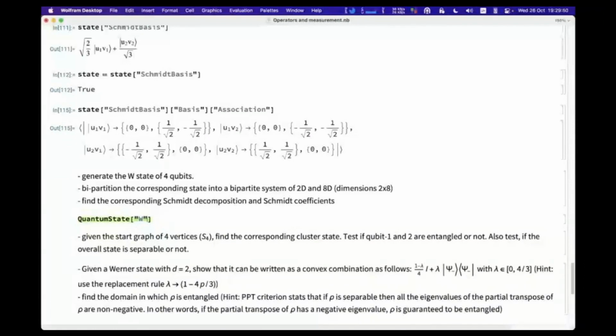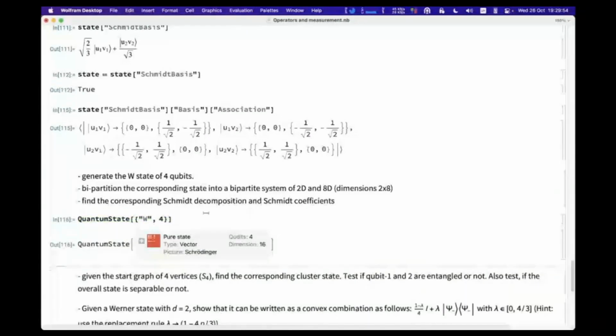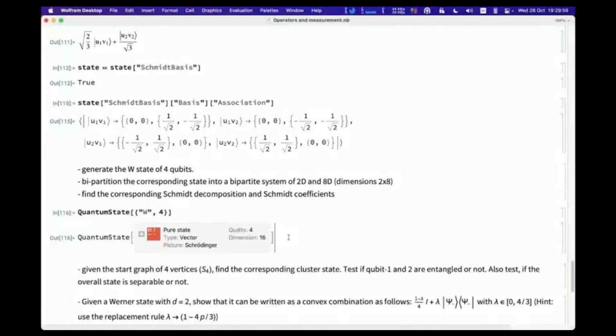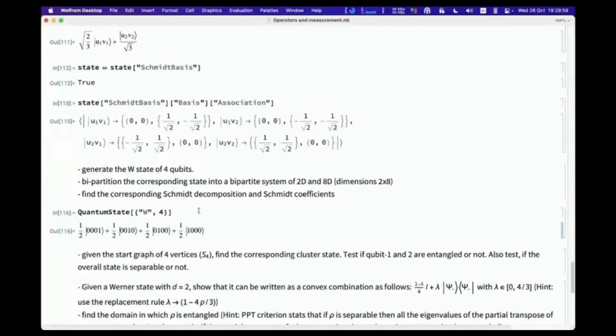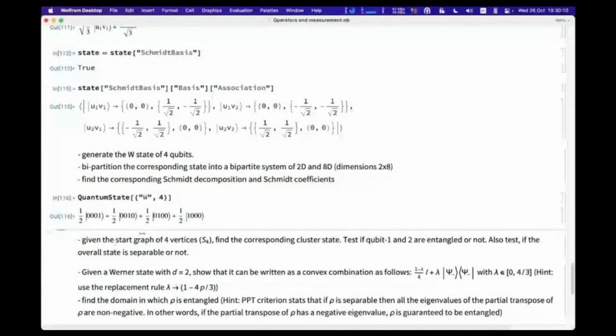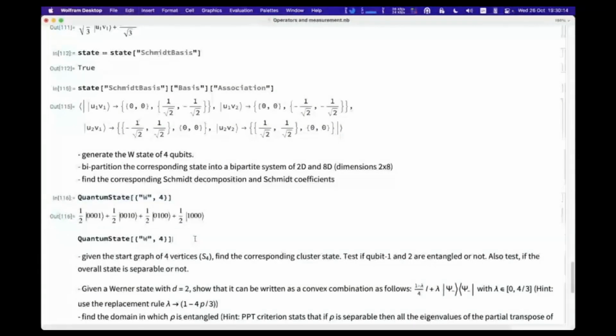Let's have a W state of 4 qubits, so the dimension is 2 to the 4, which is 16. It's a uniform superposition where you count all the permutations of one, and the rest are zero. Now, the idea of bipartition: remember, it's a quantum state containing 4 subsystems. Bipartition means making it 2 particles, 2 subsystems.